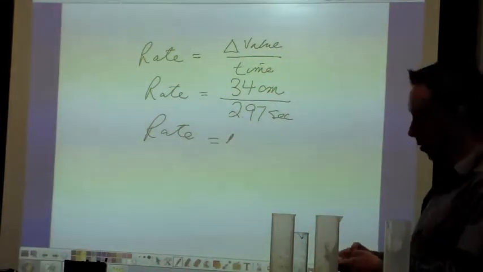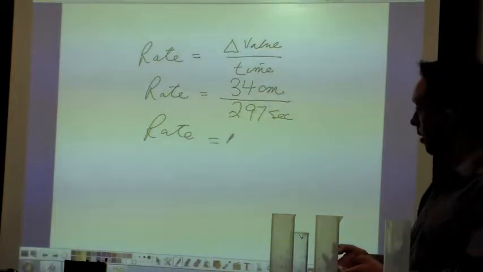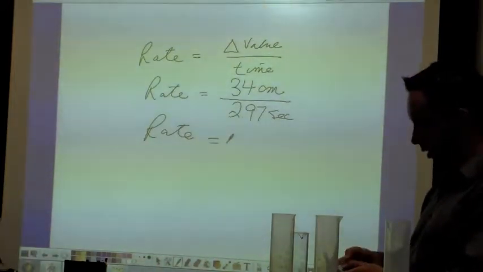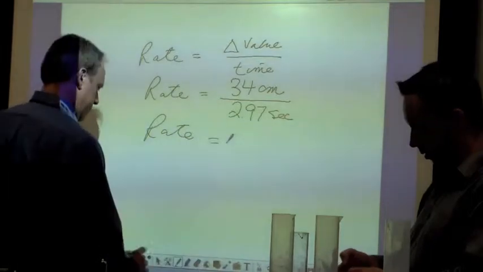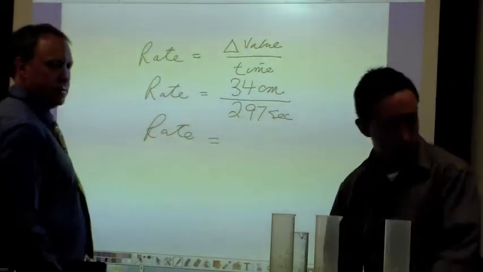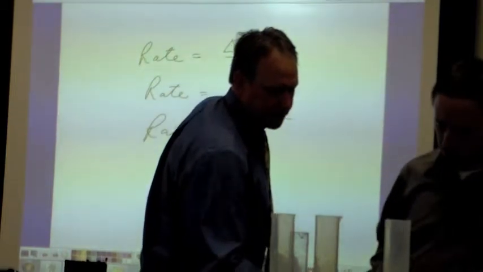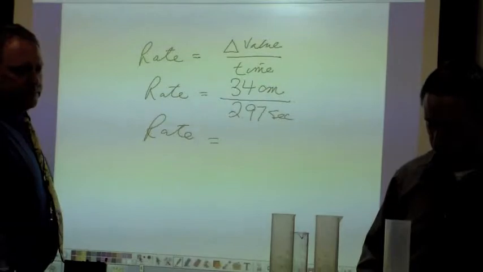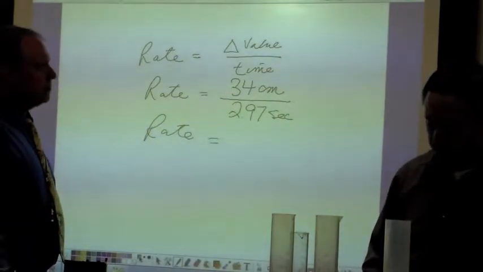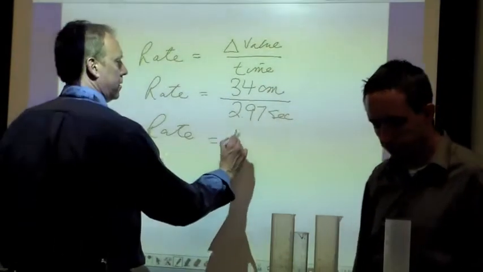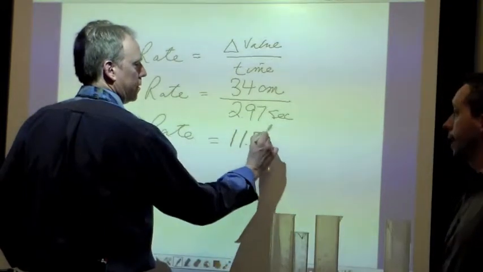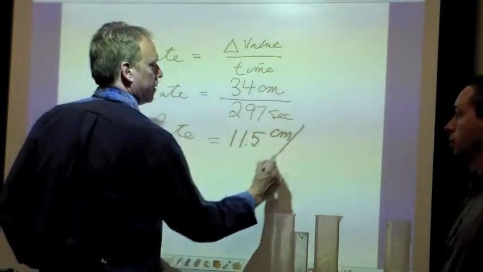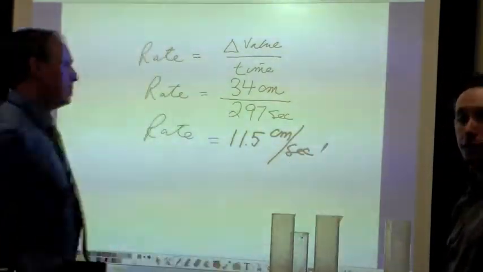I'm going to do 34 divided by 2.9. That calculator is not going to work. One of these buttons is stuck down. That's the problem. It's got a sticky button. 34 divided by 2.97. That results in 11.45 centimeters per second. So 11.5 centimeters per second.